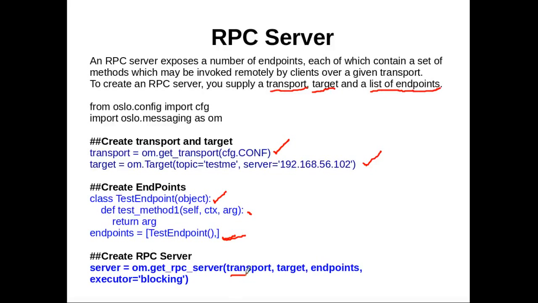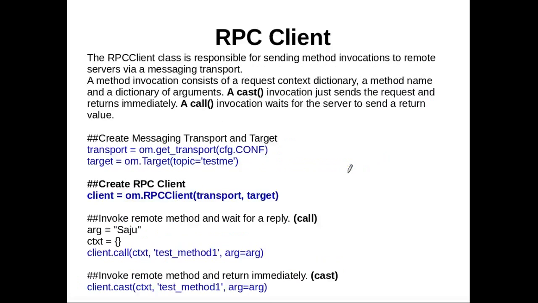Here we need to pass the transport, then the target, then the endpoints, then the executor. After that you can do server.start, stop, wait. Those things I will show in the demo.